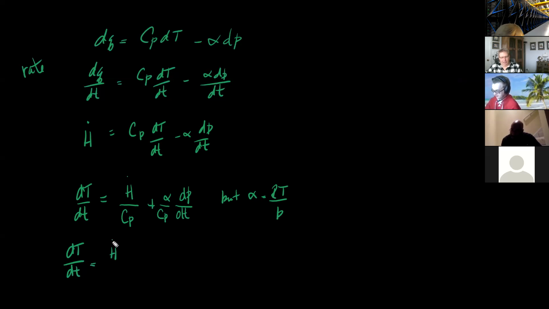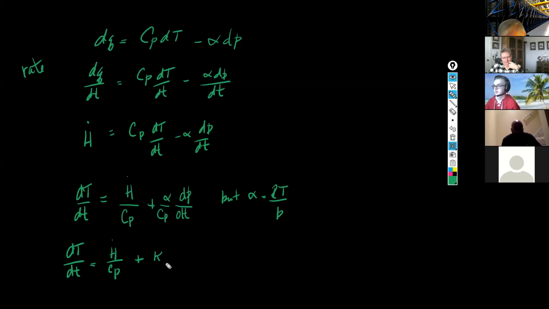equals h dot over Cp plus what? I have R over Cp. Anybody know what letter that is? Oh. Kappa. Remember it was kappa? Remember R over Cp equals this kappa?